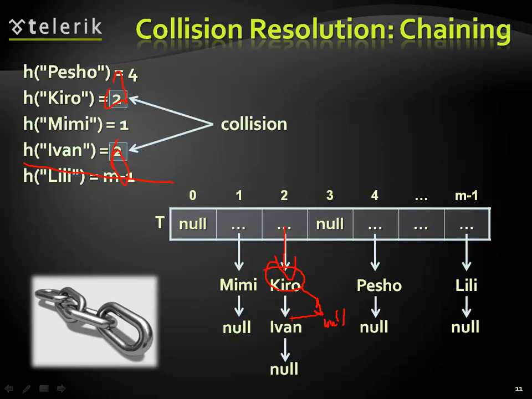And this thing reroutes itself to Ivan. And Ivan then goes to null. And if we have another person who goes to the second position, he will come after Ivan, etc. That's how we resolve collisions using a list. And that, I think, is the most commonly used method. Mainly because it's fast and it's not so memory wasting. Okay, so that's chaining.